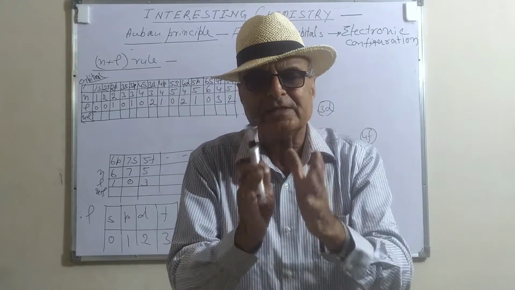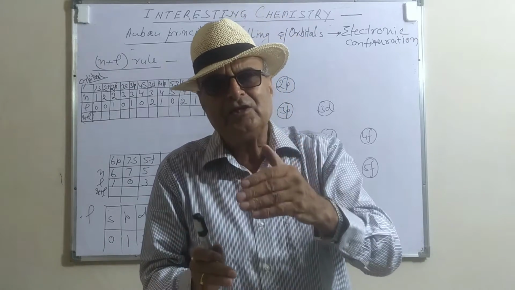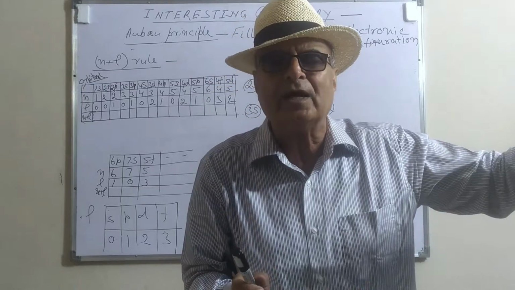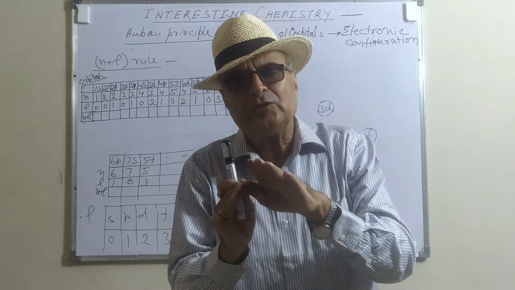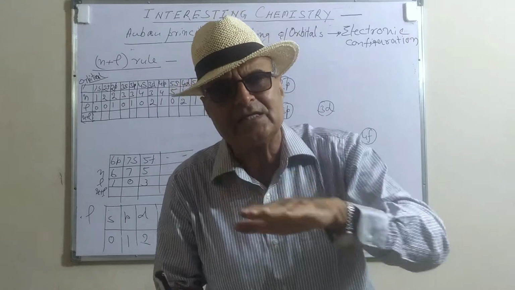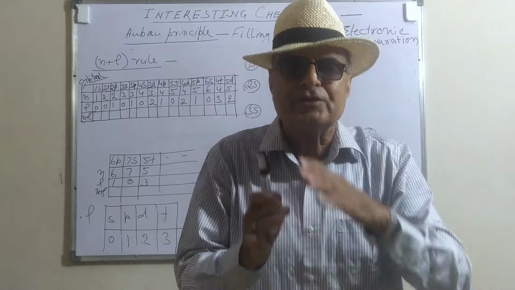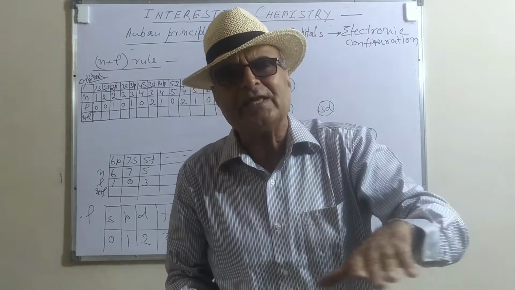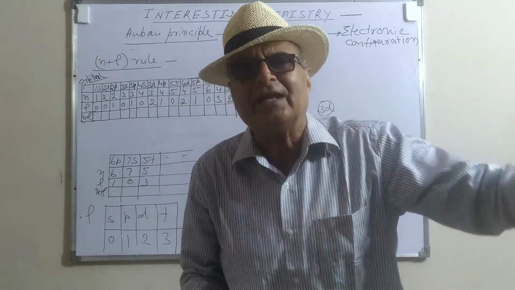So the value of N plus L shows us the order of increasing energy level of the subcells. If you write the N plus L values of the subcells in increasing order, you are showing the subcells in increasing order of energy.